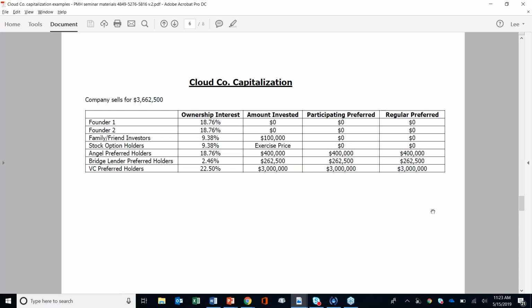The example that I showed you had us going from pre-money valuations that started like $400,000, went to 1.2 million, if I recall, ultimately in the angel preferred round, and ultimately a $10 million valuation. So they increased over time.